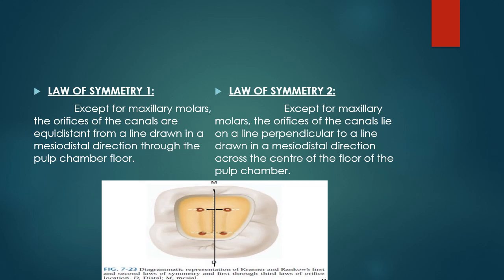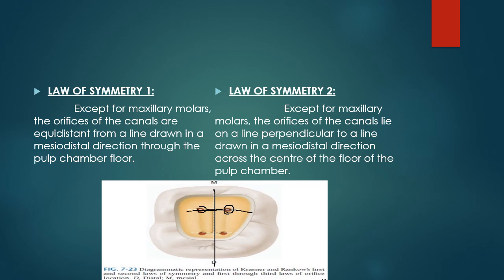Coming to the law of symmetry 2, it says that if we draw a perpendicular line to the mesiodistal line, the canal orifices are located on the same line in the center of the floor of the pulp chamber.